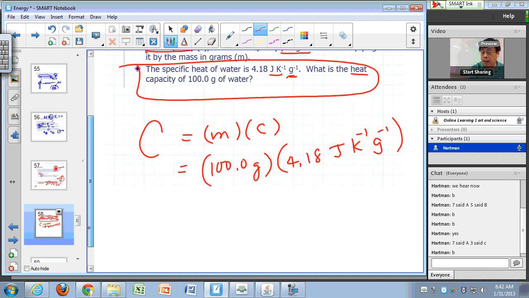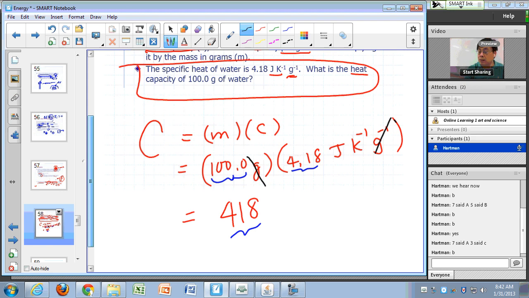And if you did that, what do you get? 100 times 4.18 is 418. Now this has 4 sig figs, and I'm only showing 3 sig figs here, so I should only have 3 sig figs. And gram cancels out. Grams times reciprocal grams would cancel out. So the final unit for heat capacity here would be joules per Kelvin.